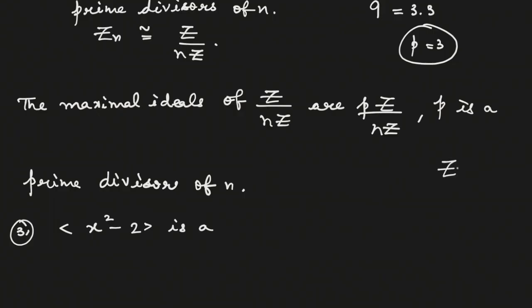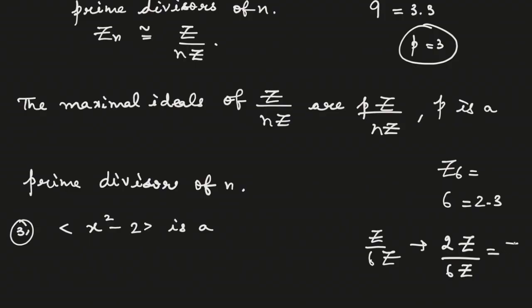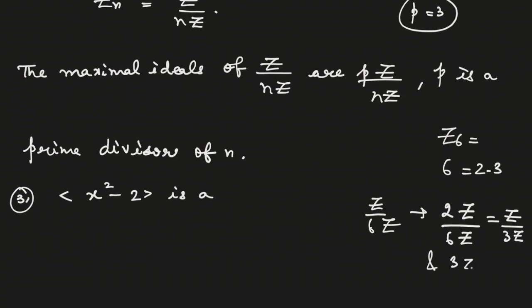If it is Z6, then the prime factorization of 6 is 2 into 3, so you will take both 2 and 3. So the maximal ideals of Z by 6Z will be 2Z by 6Z, which means Z by 3Z, and 3Z by 6Z, which means Z by 2Z. So these two will be maximal ideals.